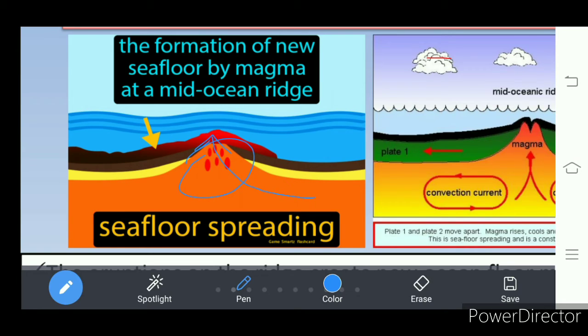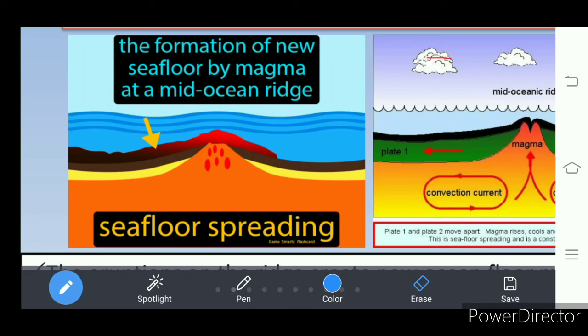How is molten material? It is very hot, we know that. So when molten material comes out, it becomes cool and pushes the crust on both sides to enlarge. In this way we see that the sea floor spreads.